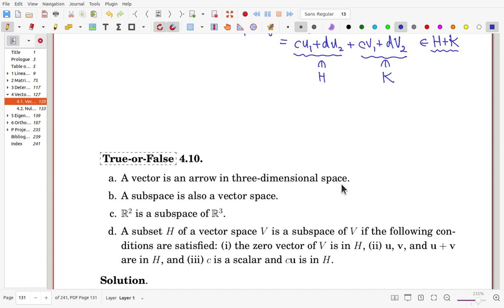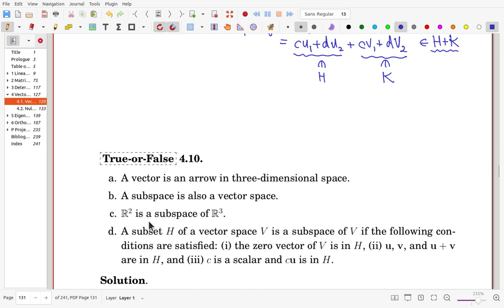So it is false. A subspace is also a vector space. It is quite true. And R2 is a subset of R3. That is false. R3 has three components, but R2 has two components, so it cannot be a subset.